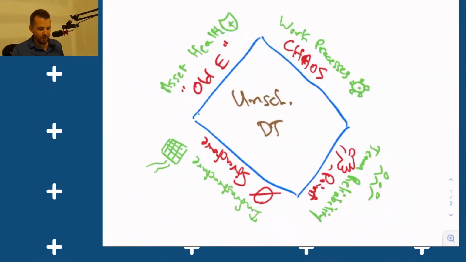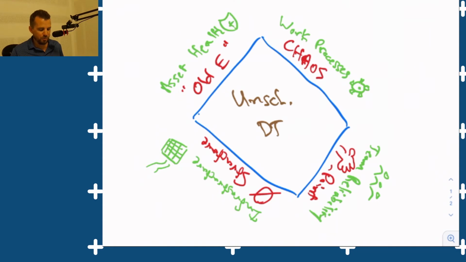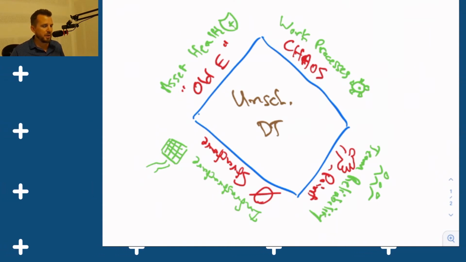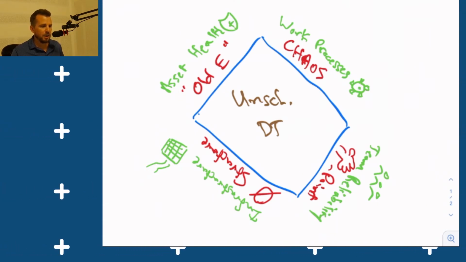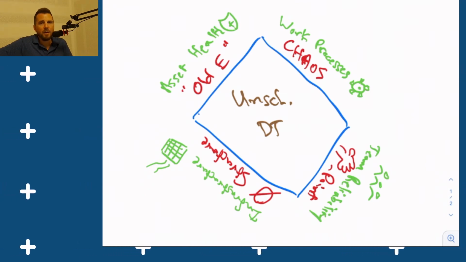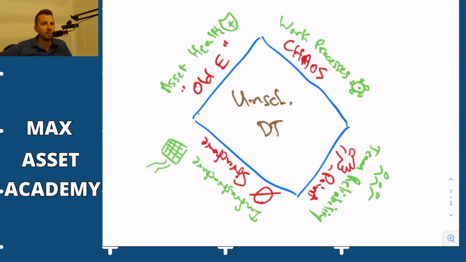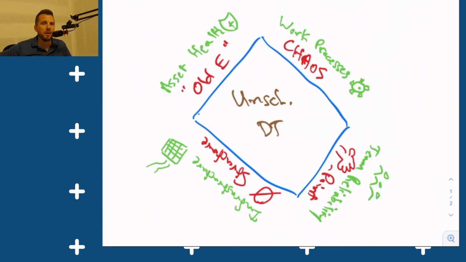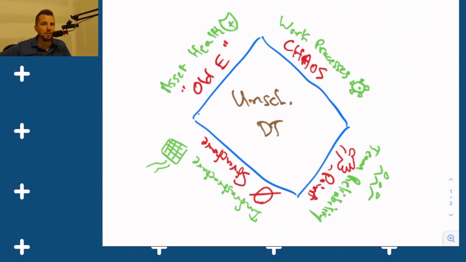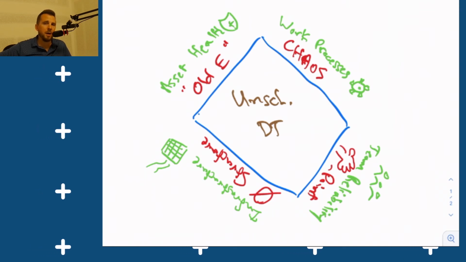So these are the 4 things that you need to do in order to eliminate this unscheduled downtime. And if you have a process to work through each, and we do in our academy, we have a program called the Max Asset Academy. We take our clients through, and it teaches them how to walk through all of these 4 different areas and address the issues in their factory so that they can eliminate unscheduled downtime.